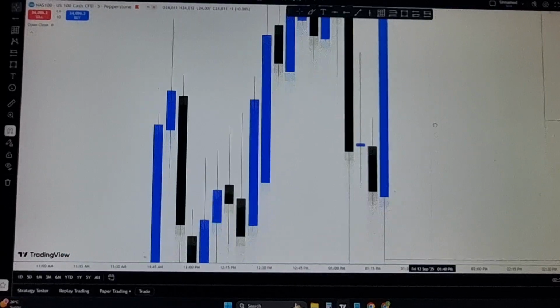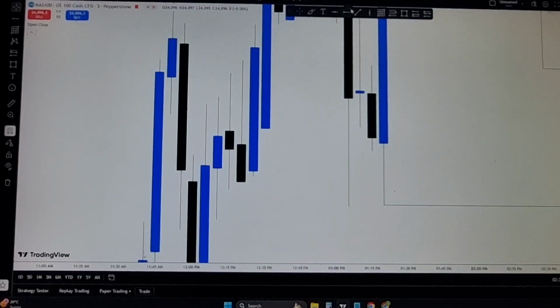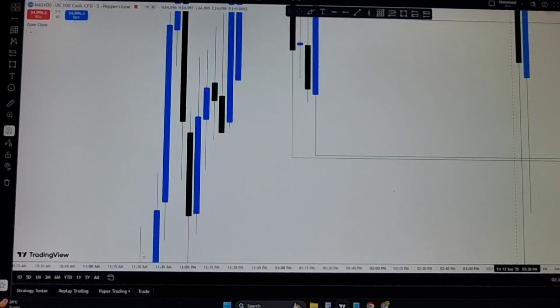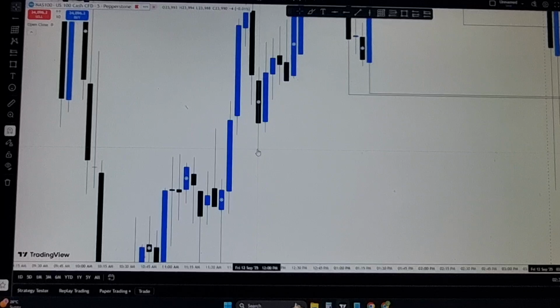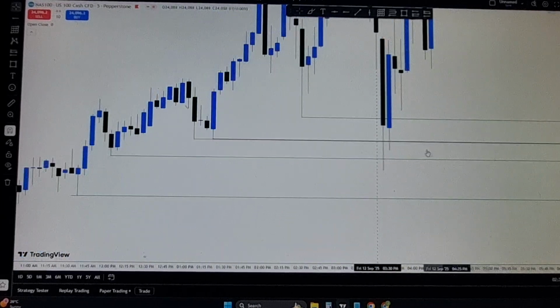Yes, perfect. This is an up candle, meaning this is a low, so it's almost equal lows. Sweep, sweep, sweep of this low as well. So we did sweep all these lows on the 5 minute.